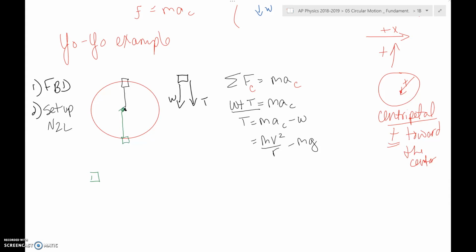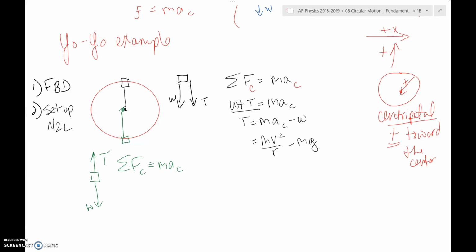Well, the tension force is still pulling it, except now the pull is up. And we also have the force of gravity, the weight force, because the weight force always pulls down. So that's why there's a little bit of a distinction here. So our net force, in this case, it's the centripetal force, the force keeping it moving in a circle, is going to be equal to mass times the centripetal acceleration.